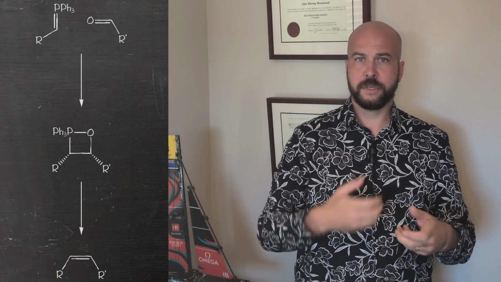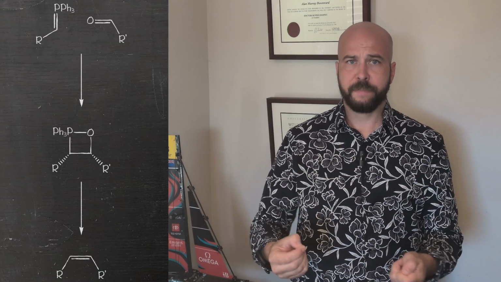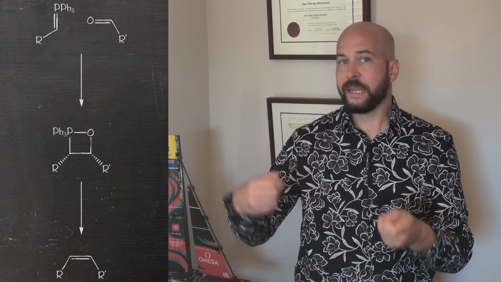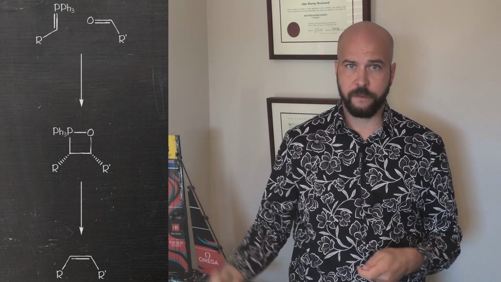The exact reason for this stereoselectivity is still being investigated, but most likely comes down to the stability of the transition state when the ylid and the carbonyl come together. It is believed that they approach each other at a 90-degree angle, so they're offset. And if we were to arrange them in such a way that we kept the bulky groups away from each other, then we would expect the thermodynamically less favored Z isomer to form.